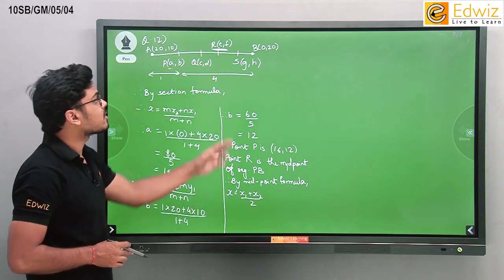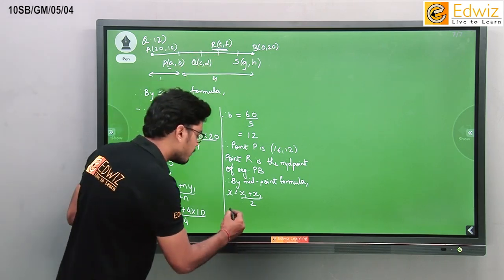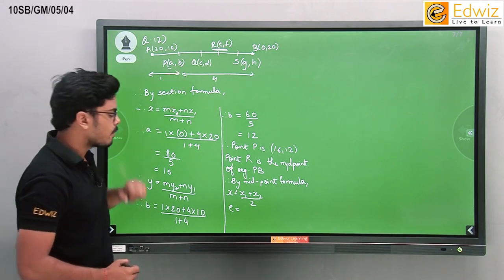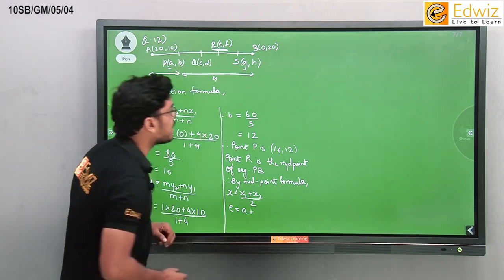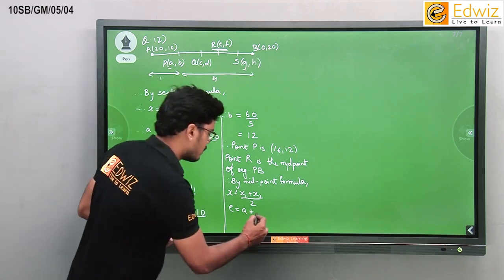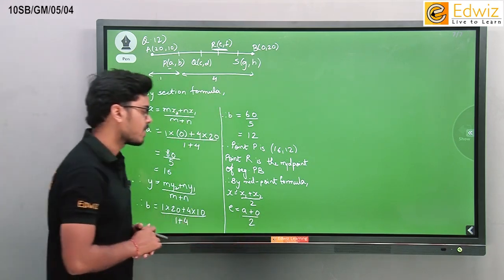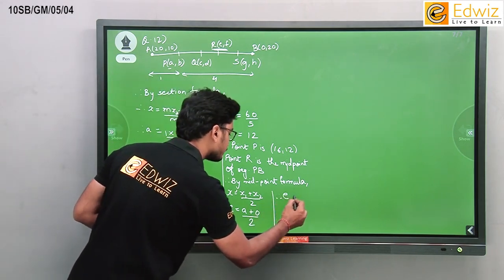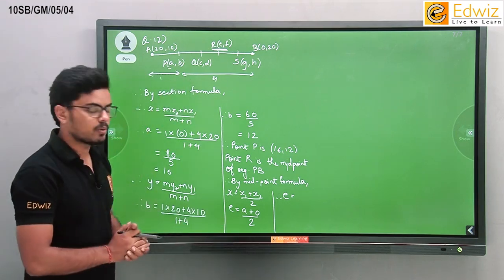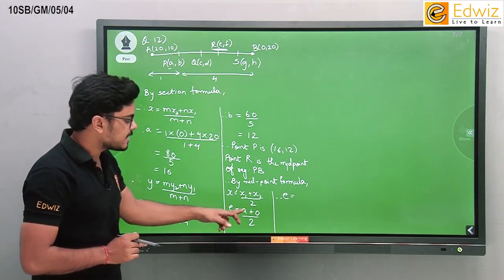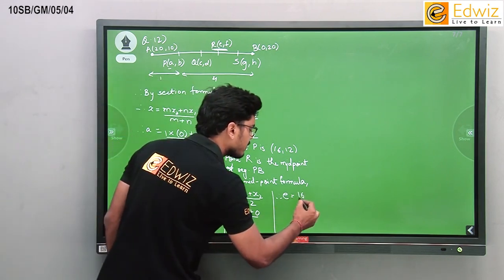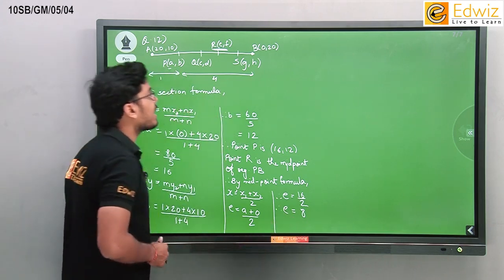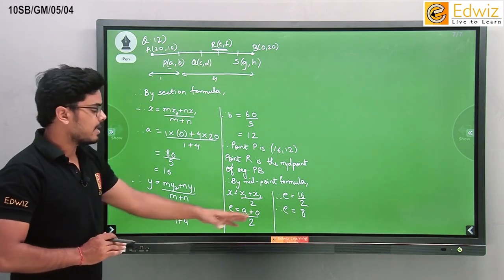Okay, तो R का x coordinate, midpoint का x coordinate E will be equal to x1. So point A, correct? Point A plus x2 मतलब 0 divided by 2. Okay, this is the x coordinate. मतलब ये कितना आएगा? E will be equal to A हम लोगों ने ऑलरेडी फाइंड आउट किया है, it is 16. 16 plus 0 divided by 2. Okay, that is 8. मतलब जो पॉइंट R है उसका x कोऑर्डिनेट मिल गया 8.